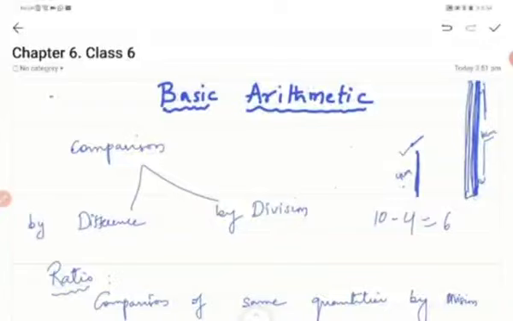If you are talking about weight, someone is of some 10 kgs and the other boy is of some 15 kgs. When you are comparing, this boy has 5 kgs more weight than this boy, isn't it? So you will take 15 minus 10, you will have 5 kgs.